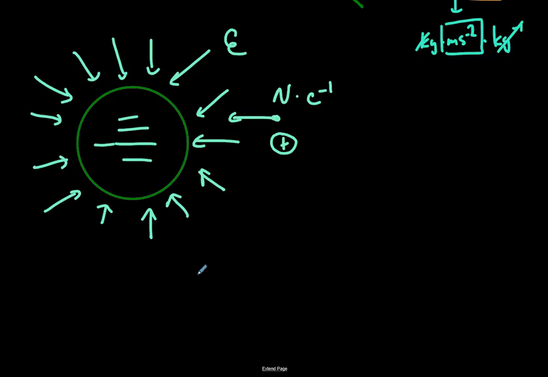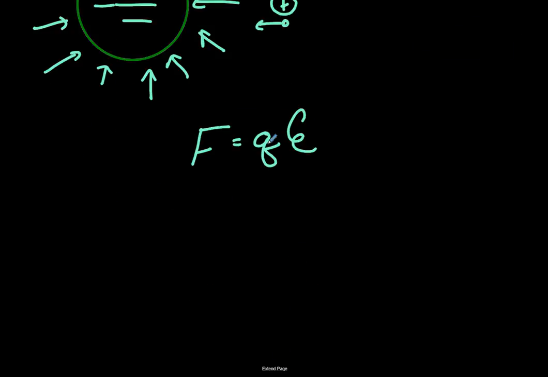So how do we write that out? We say the force on this object is equal to Q times E. Another way to say this is the field strength is equal to the force felt per given amount of charge. So let's define these things.